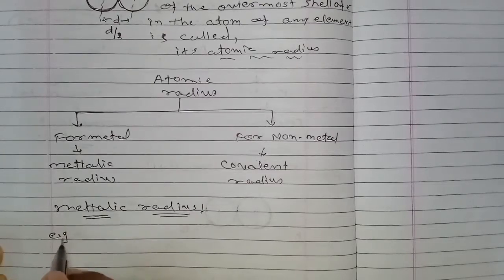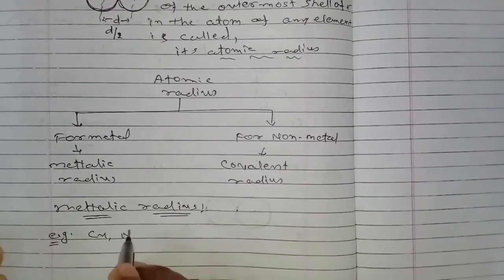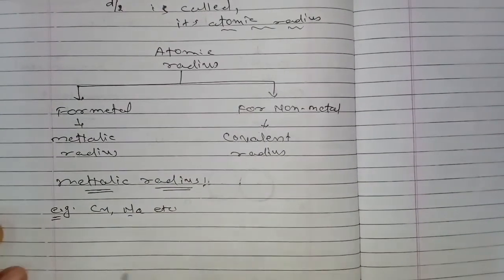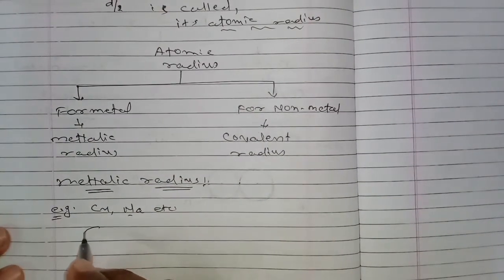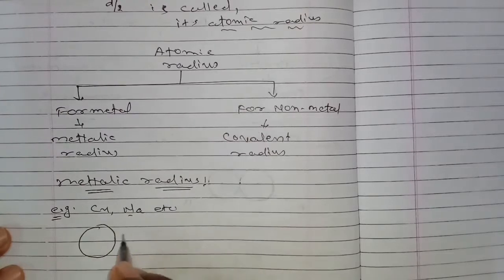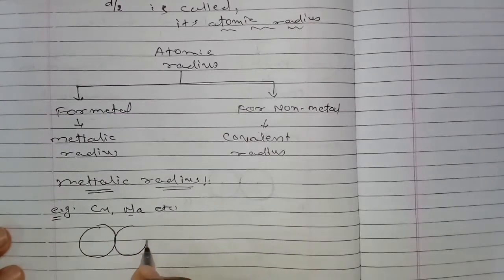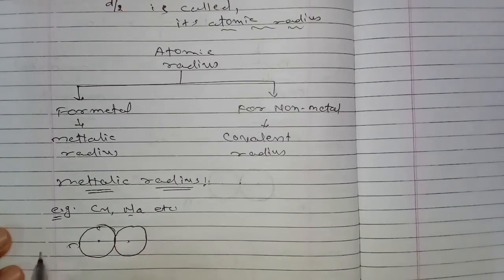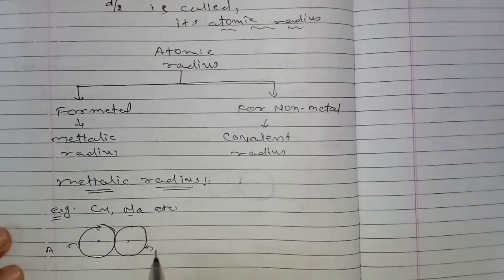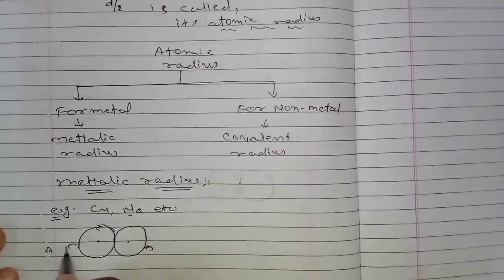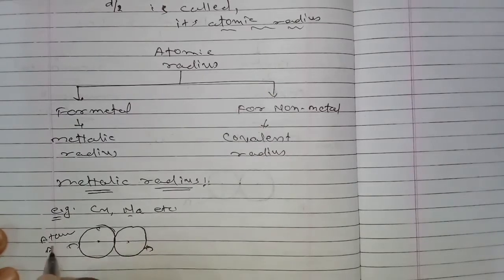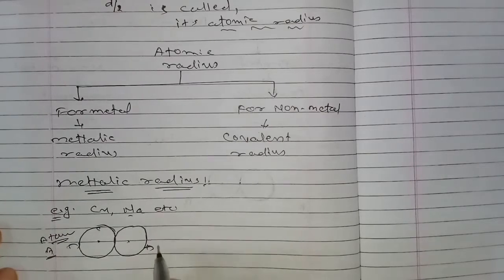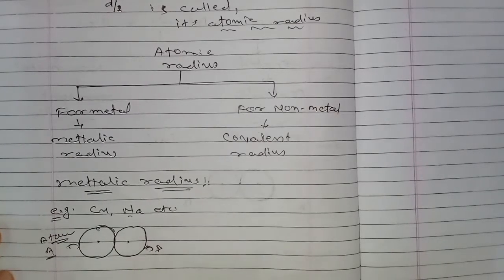Metals like copper, sodium, etc. Here, take half the internuclear distance between atom A and atom B of the metal element.